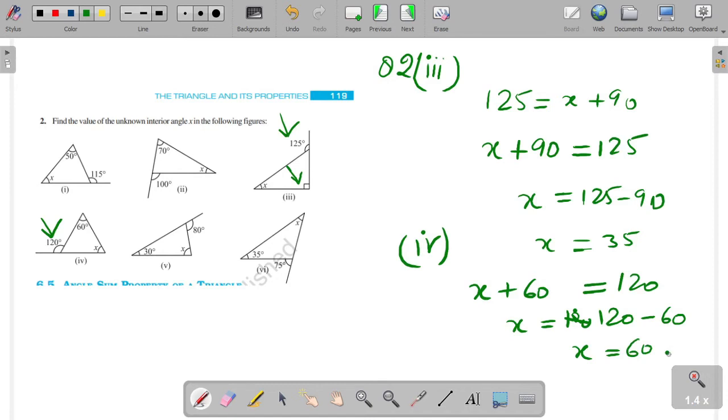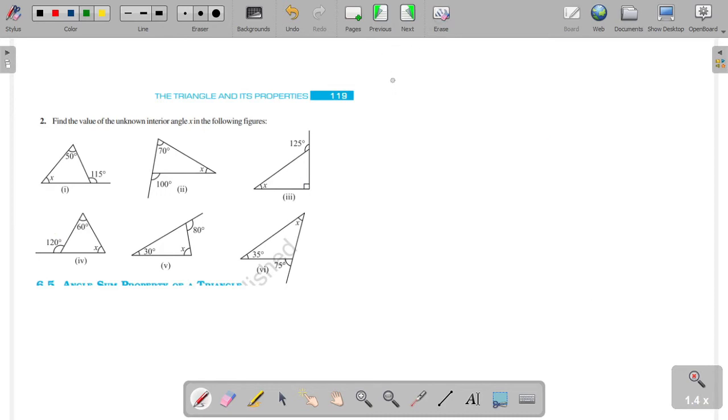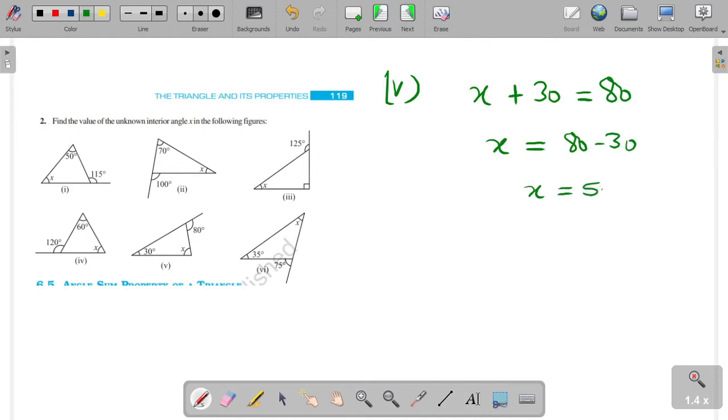Then the fifth part. Here you can see x plus 30 equals 80 degrees, or x equals 80 minus 30, or x is equal to 50 degrees. So this is the fifth part.